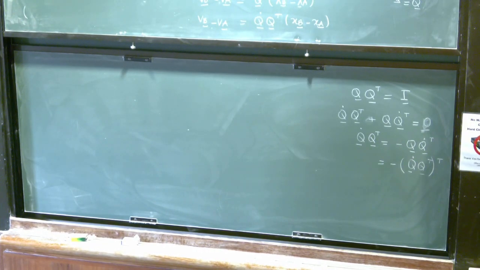So these are going to be the same. So that's a symmetric matrix. How many independent components does a symmetric matrix have? 6, right? Any questions so far?